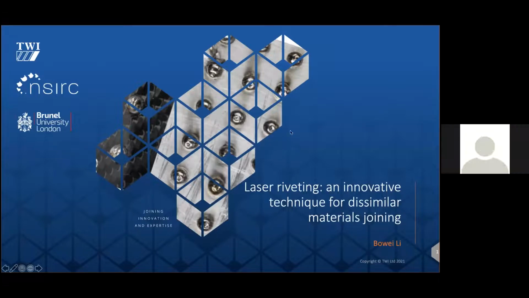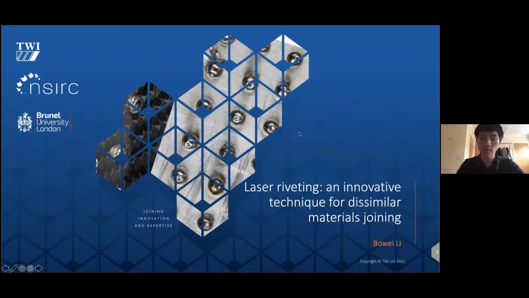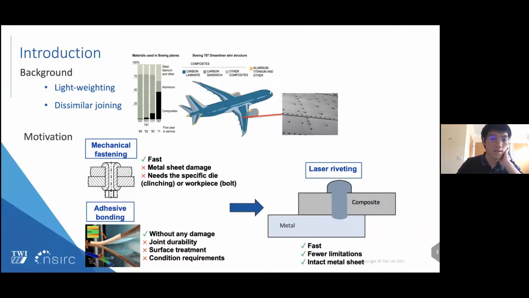Good afternoon, everyone. My name is Bowei Li, a third-year PhD student from Brunel University. And today my presentation topic is laser riveting, an innovative technique for dissimilar material joining. As we know, composite is a promising material, lightweight but with high strength.